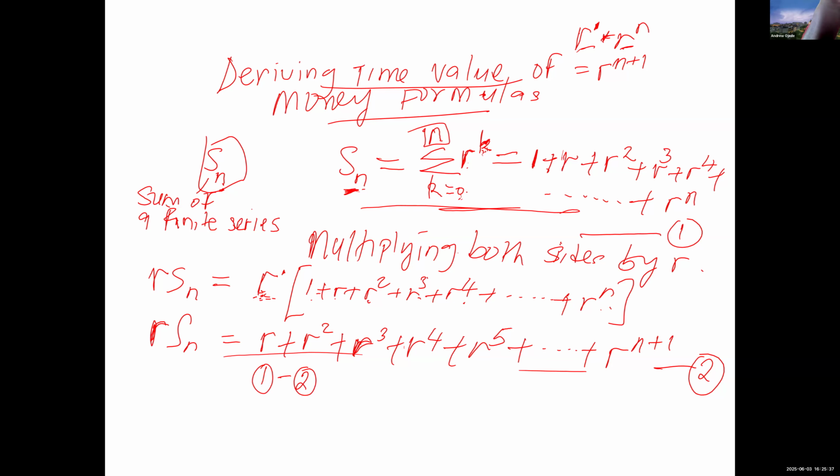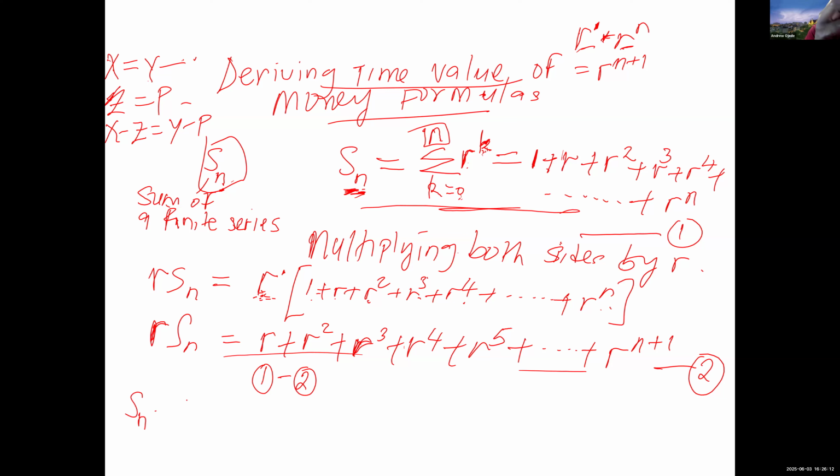As a side note, if you have one equation x equals y, and another equation z equals p, and I say subtract the second equation from the first, you subtract left-hand side from left-hand side and right-hand side from right-hand side: x minus z equals y minus p. That's what I mean by subtracting one equation from another. So the left-hand side of equation 1 is Sn.